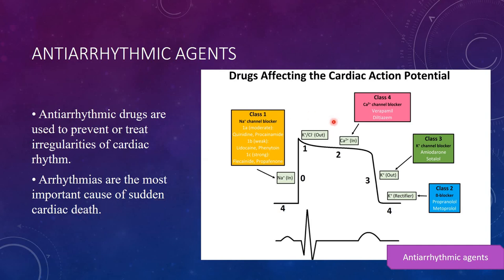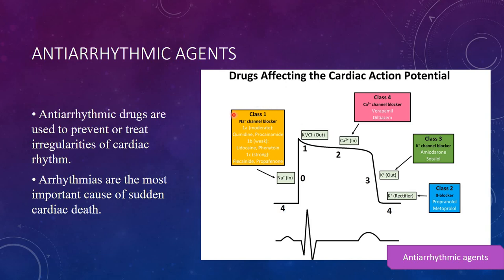On the right hand side, you can see again a graph plotted with various phases, where the various classes of anti-arrhythmic drugs have been applied in different phases of the electrophysiology of the heart for the treatment of arrhythmia.